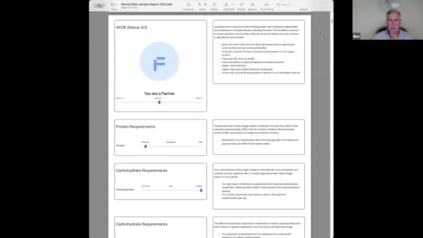So it doesn't matter where you live now, but it matters where we came from in terms of our DNA. So the first thing we're going to see is this APOE status, and you're going to be told if you're a farmer from an agricultural community or a hunter-gatherer. And again, this is your DNA, not where you live now or how your family's been living for the last 100, 200 years.